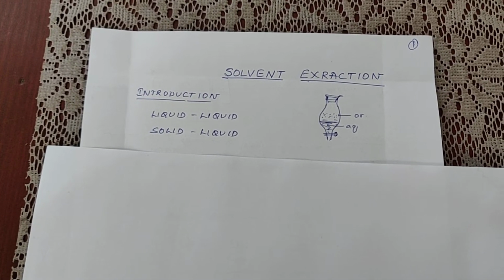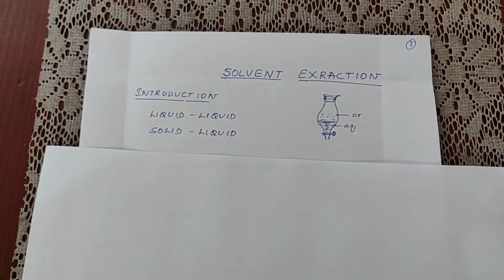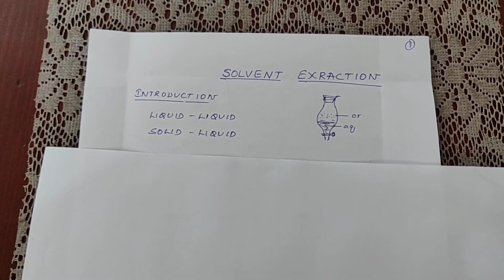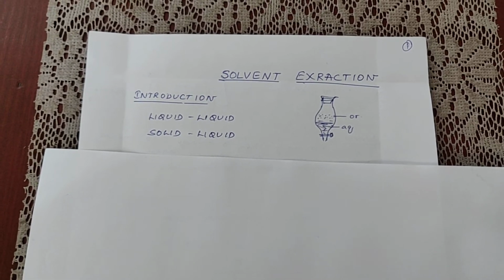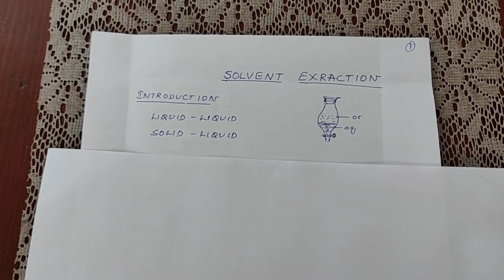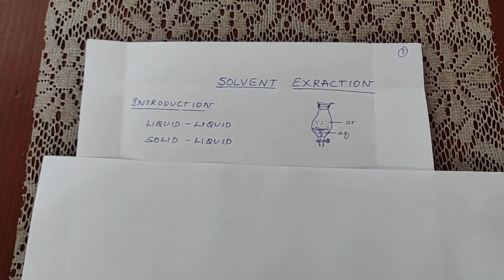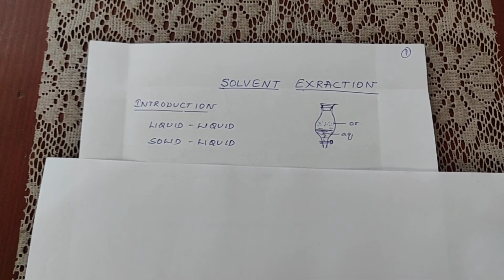We should not forget that nicotine was soluble both in alkaline medium as well as in petroleum ether. So this nicotine goes on distributing itself between the organic phase and the aqueous phase.